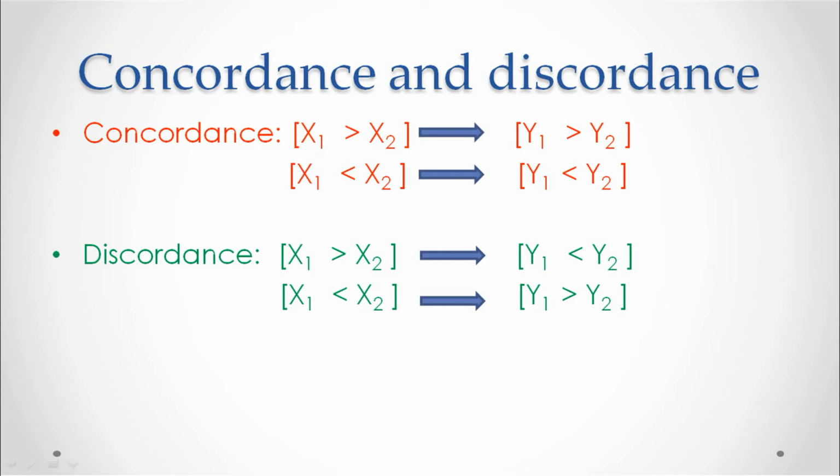So if we think of the two ordinal variables as x and y, this means that the individual who is ranked higher in terms of the x variable is ranked lower in terms of the y variable, and hence we have a discordance. You will recall that the gamma measure and Somers' D were defined in terms of concordance and discordance.